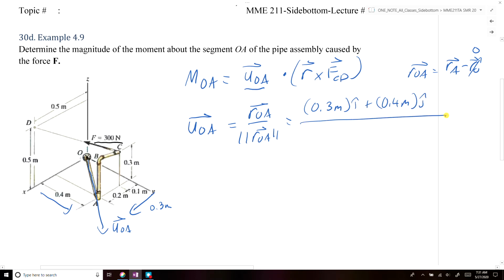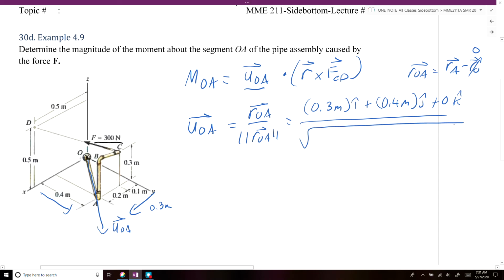All right, and there's no component along the z, and then we can divide by the square root of 0.3 meters squared plus 0.4 meters squared, which should give us 0.5 meters for the total length from point O to point A. So U_OA would be equal to 3/5 i plus 4/5 j plus 0 k.